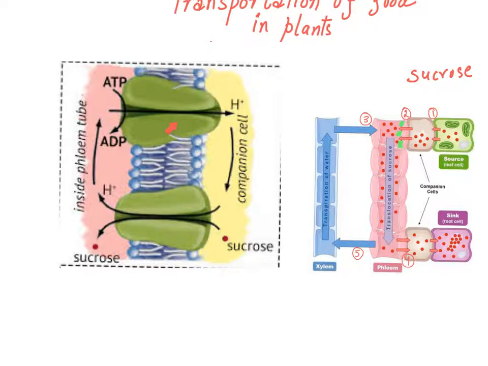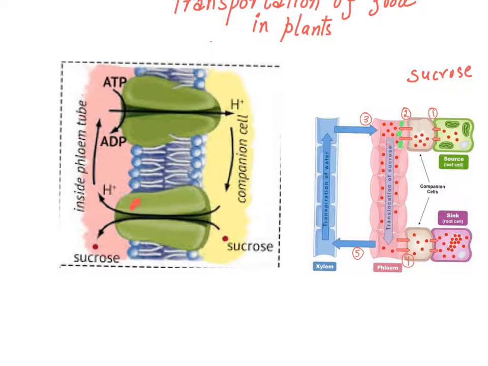What is the role of these proteins? These proteins help in transport of sucrose from the companion cell into the phloem cell. See, initially phloem has less sucrose and the companion cell has more sucrose. So sucrose will move down its concentration gradient. It will move from its higher concentration to its lower concentration.